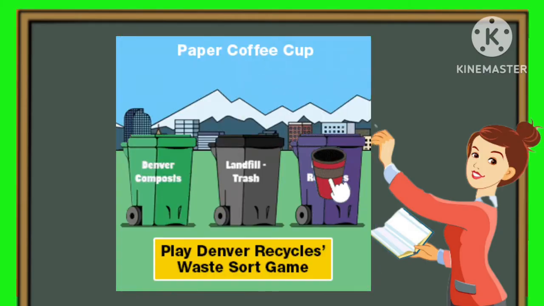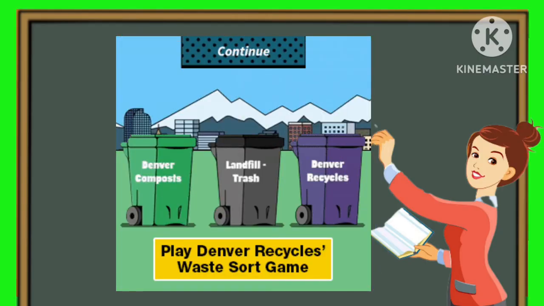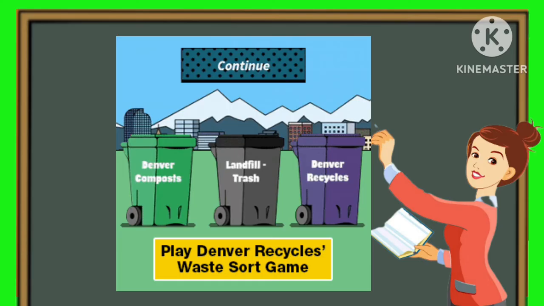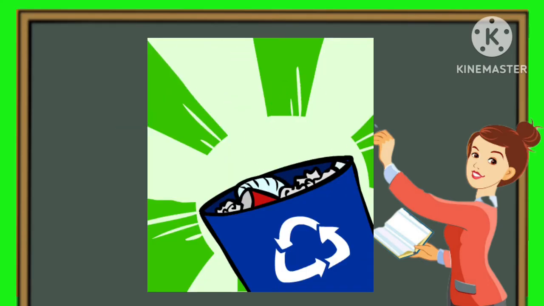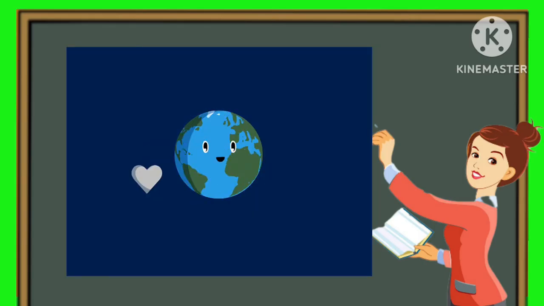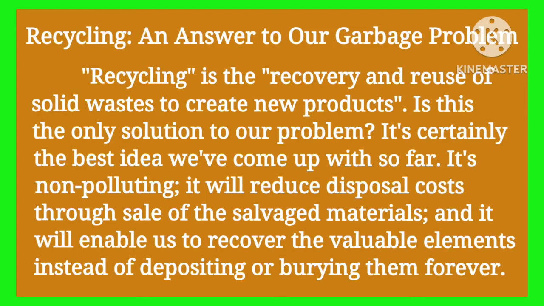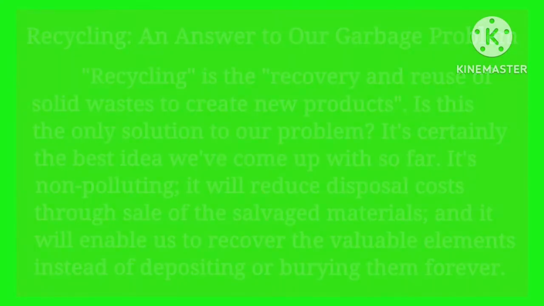Recycling will reduce disposal costs through sale of the salvage materials, and recycling enables us to recover the valuable elements instead of depositing or burying them forever. You see, kids, both the problem and the solution were clearly presented and explained. Not only that, but also the advantages of the given solution.